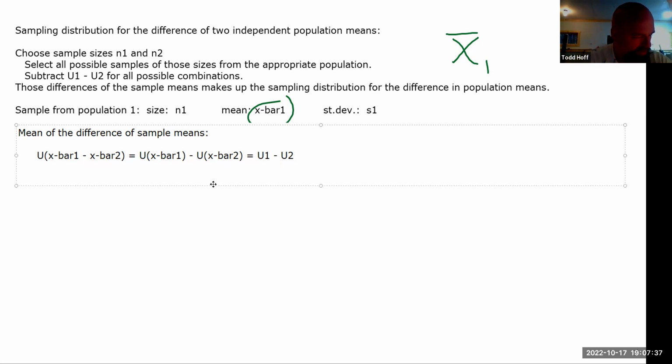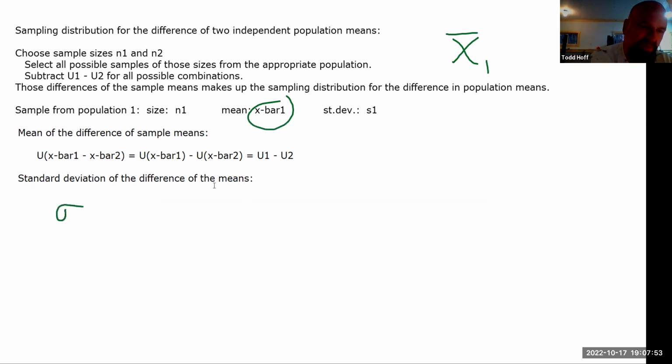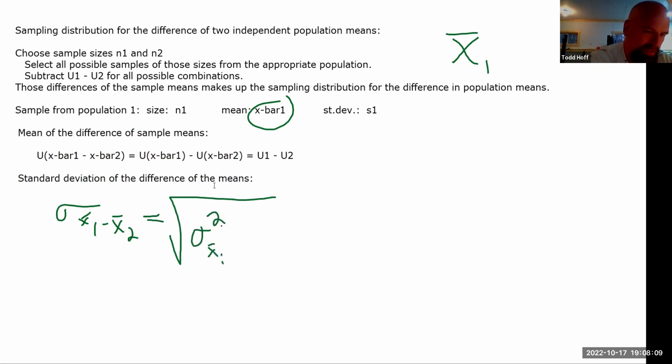A little bit trickier, though, is going to be the standard deviation of the difference of the means. And this one I am just going to draw out to make it a little simpler on me. So you've got sigma of X bar 1 minus X bar 2. So the standard deviation of the difference of those means is simply going to be the square root of sigma of X bar 1 squared plus sigma of X bar 2 squared.